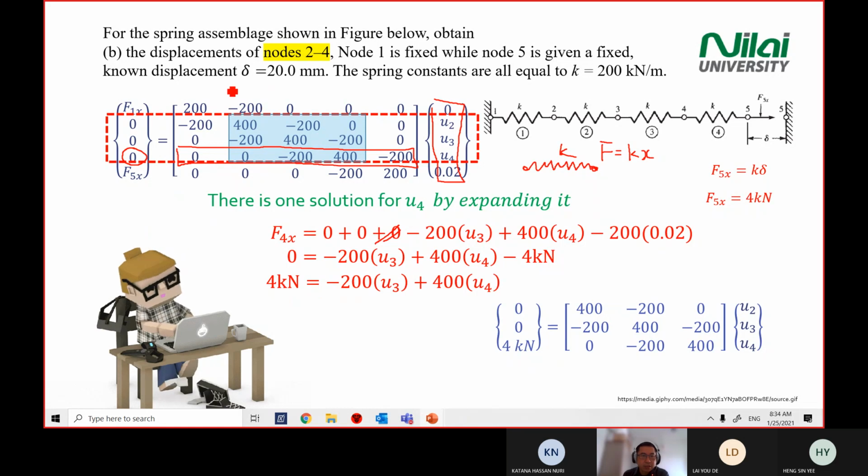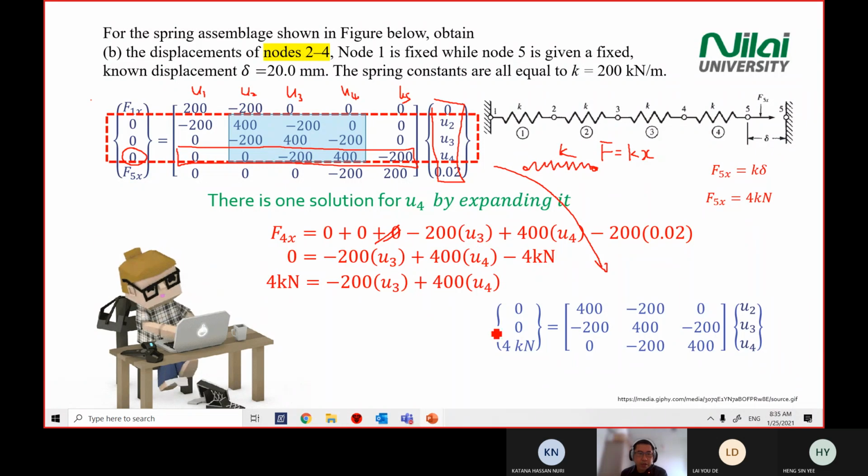Why do we focus on this region? Because it's an overlapping of your U2, U3, and U4. U1 and U5 are known, so we want to solve U2, 3, 4. So we focus on this region and rearrange the matrix that we developed. From the global matrix over here, you transform it to focus only on the U2, U3, U4 components.